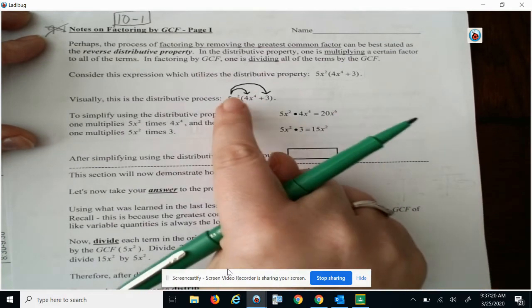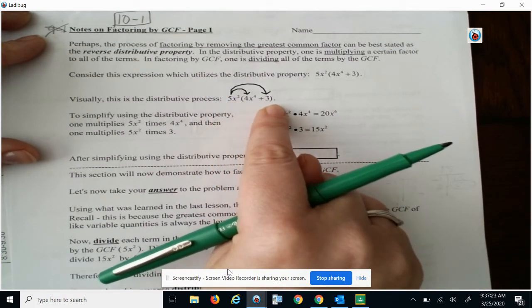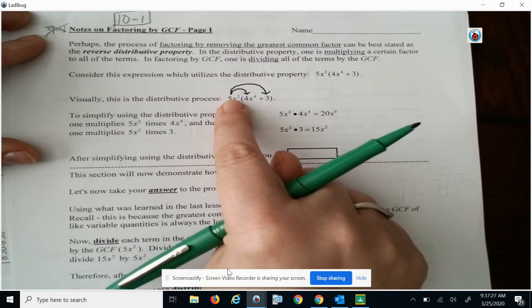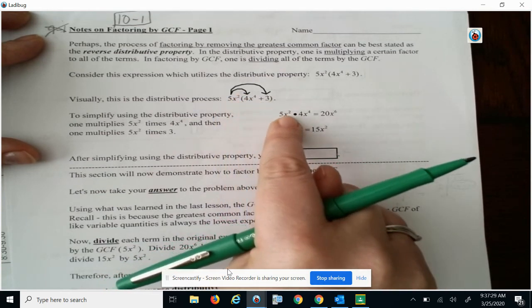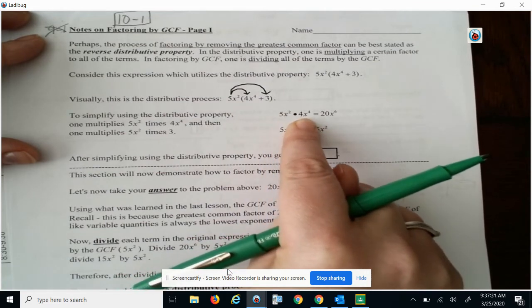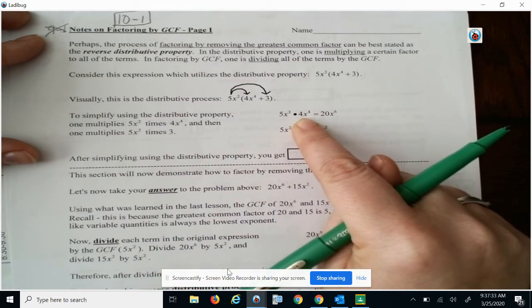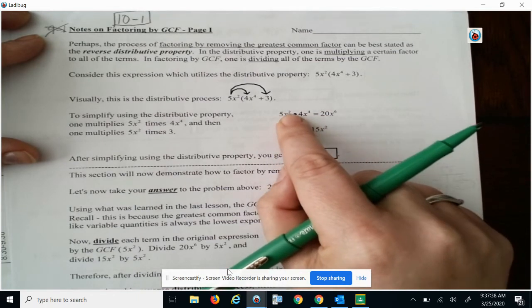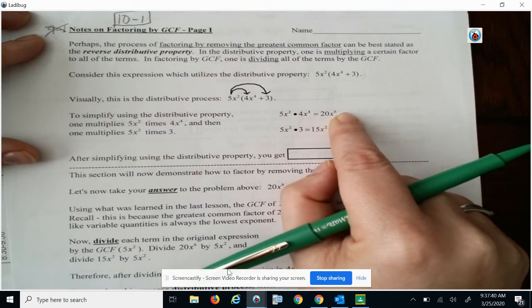Okay, so we've seen problems like this where we worked with a distributive property, and this is what we started with, and then we distributed the 5x to the 4x, the 5x squared to the 4x to the 4th power. We multiply those big numbers to get 20, and then we add the exponents, and we got x to the 6th.